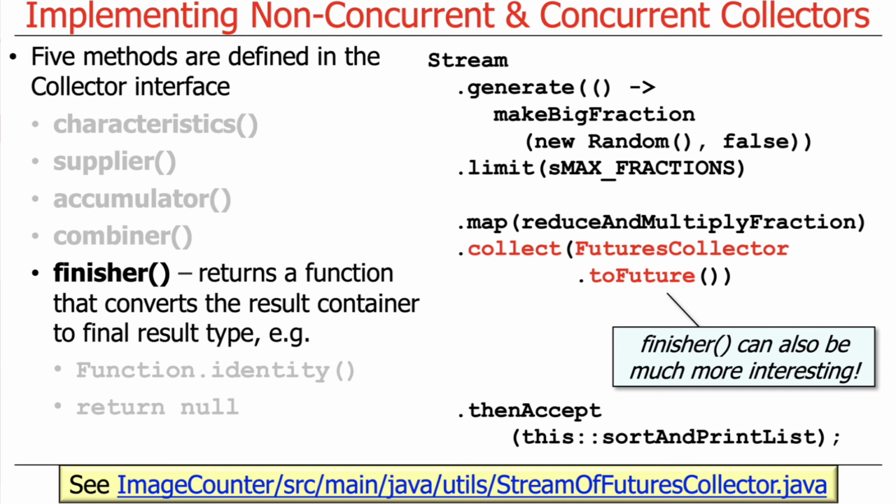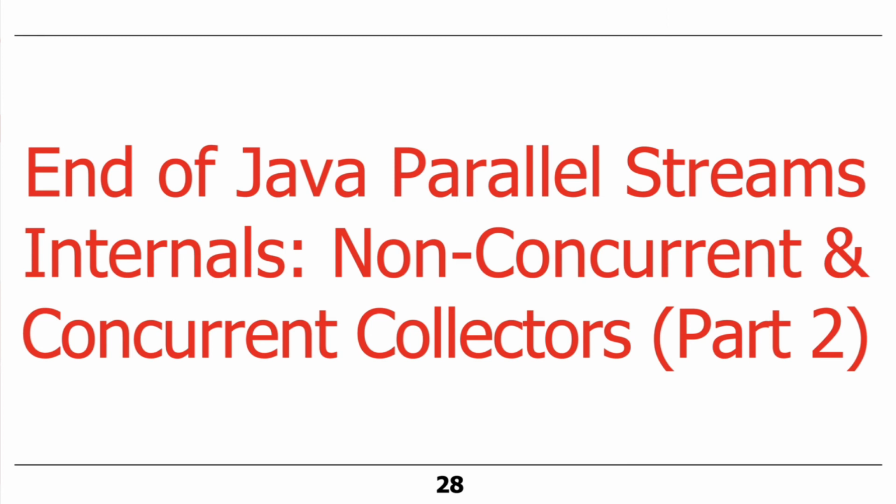And this is super duper cool. In this case, the finisher really does something quite important and useful. But often it doesn't do anything at all, so we just set the identity finish flag and we're done.